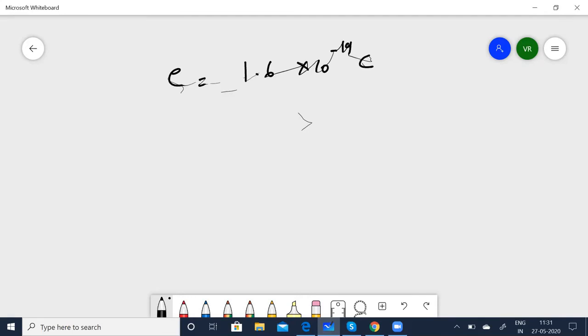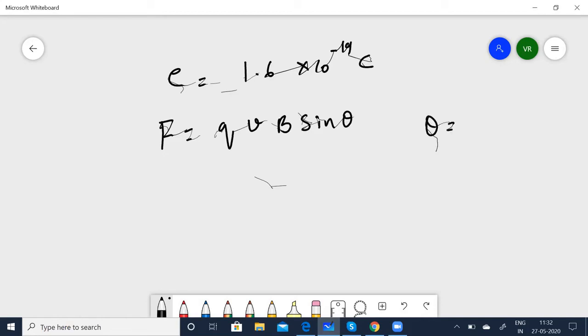So, since we know F is acting on each electron, it can be determined by the force F is equal to Q V B sin theta, where theta is the angle between the charge velocity and the magnetic field. Now, since he says it is perpendicular, theta is now going to be 90, and sin 90 you all know is 1.